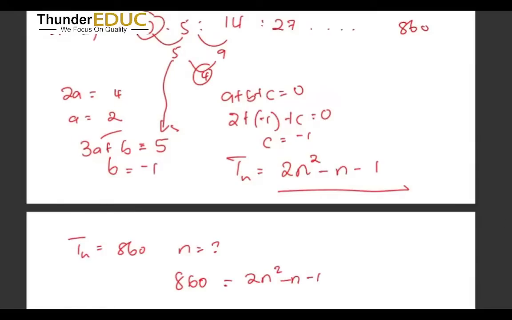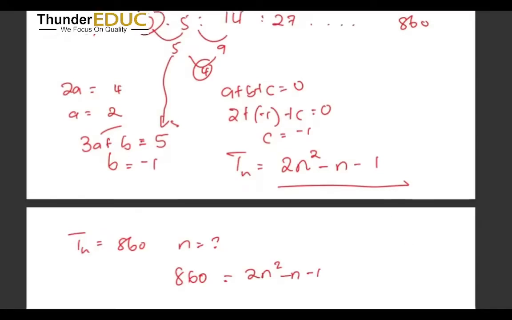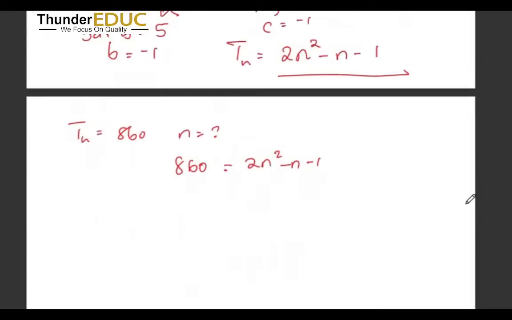Let's move everything to one side of the equal sign. So that's going to be 2n squared minus n minus 861 is equal to 0.